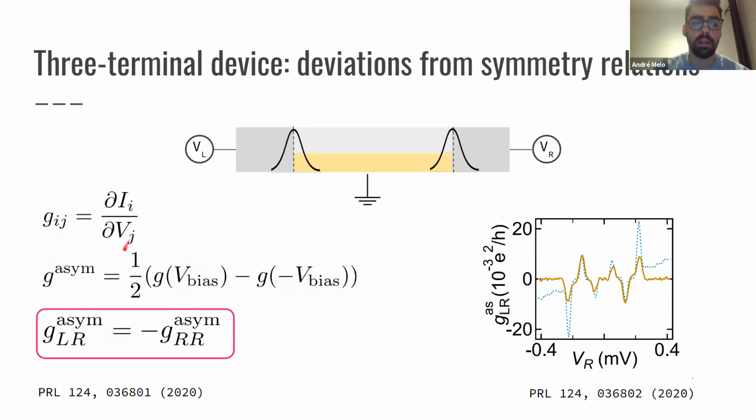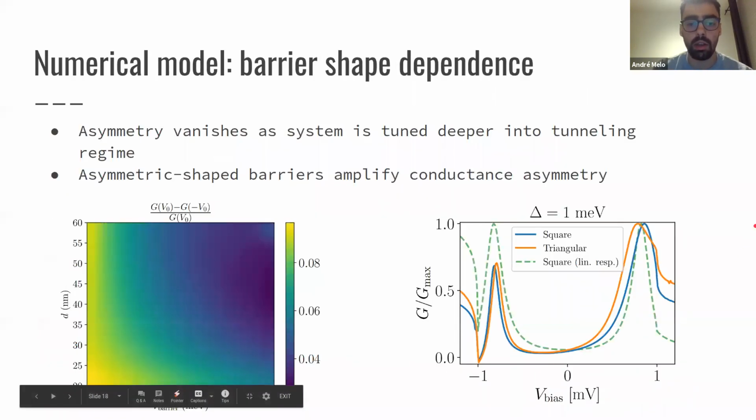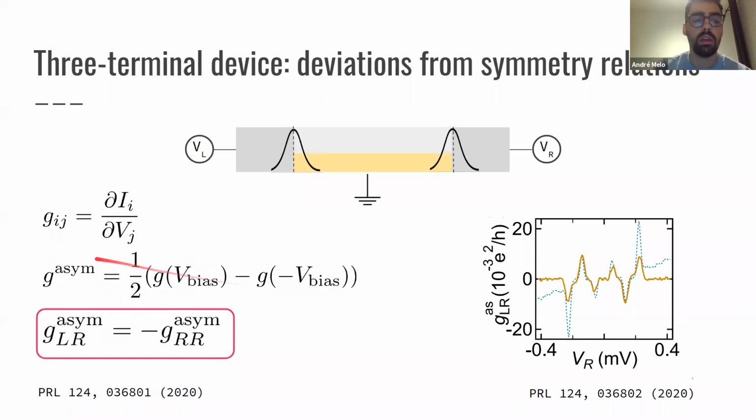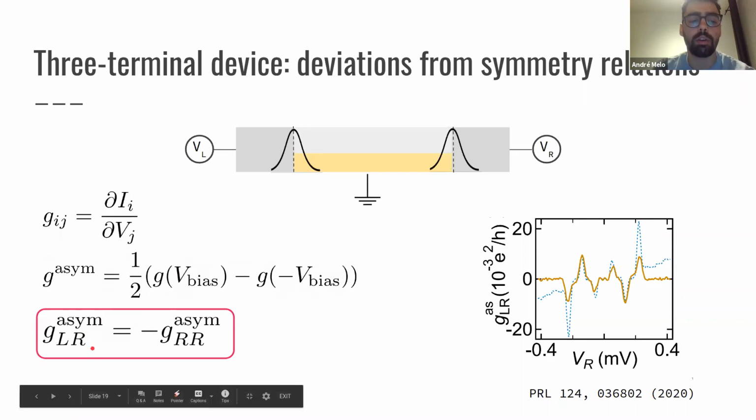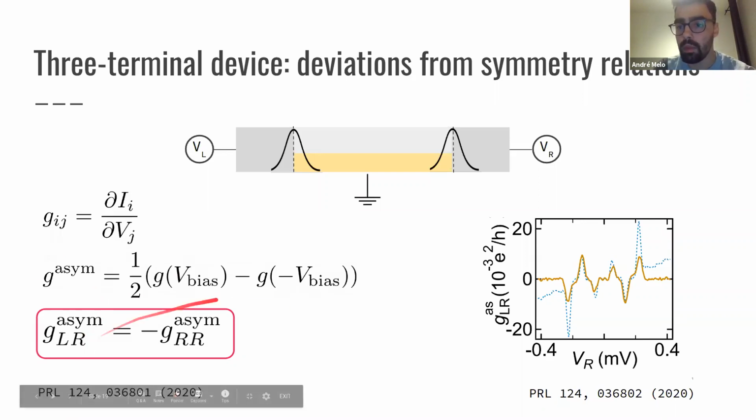And it turns out that if we define the asymmetric part of G to be this object here, this is actually exactly what I was plotting here, just G of V minus G of minus V. So defining this object, it turns out that there's a very nice symmetry relation: the asymmetric part of the non-local conductance is equal to the asymmetric part of the local conductance. And this was last year.